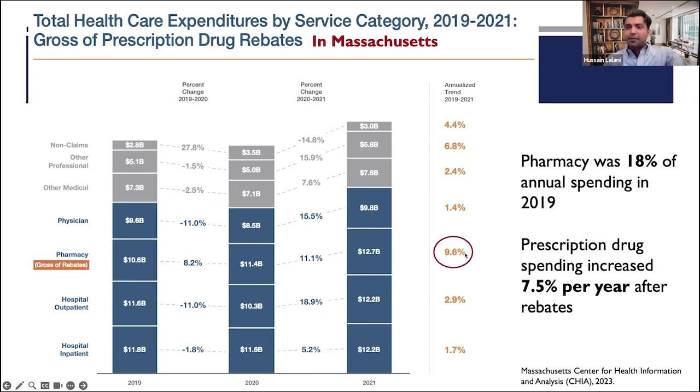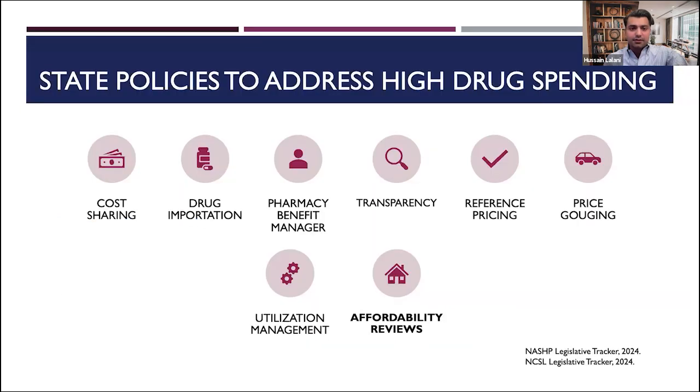And after accounting for rebates, that's about 7.5%. So much faster than all the other healthcare related costs. So inevitably, this means that something's happening here, and there's an opportunity to try and control some of these costs, perhaps to lower the impact it has on states, and also to help patients access affordable medicines.